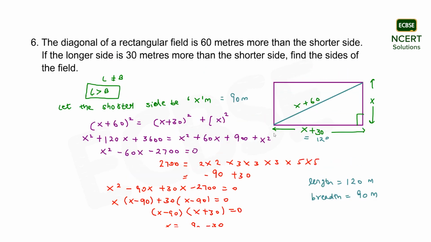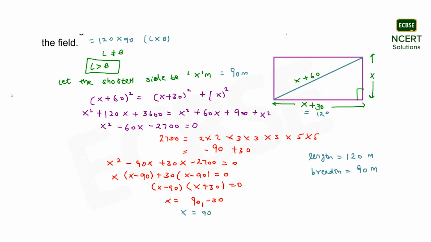So the sides of the field are 120 by 90, that is length by breadth, where we have assumed that length is greater than breadth. So this was about question 6 of exercise 4.3. I hope this question is clear to all of you.